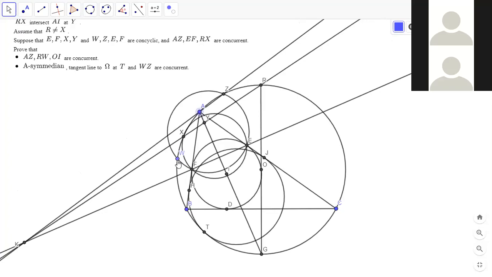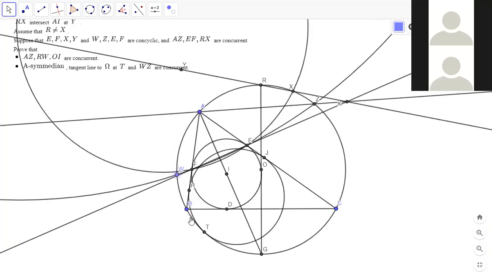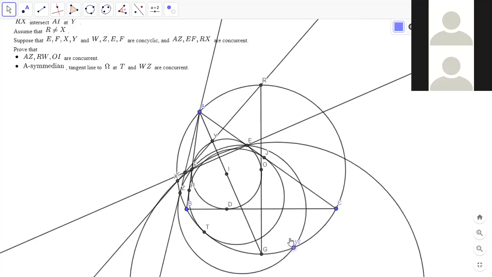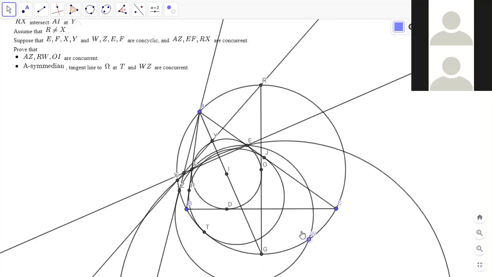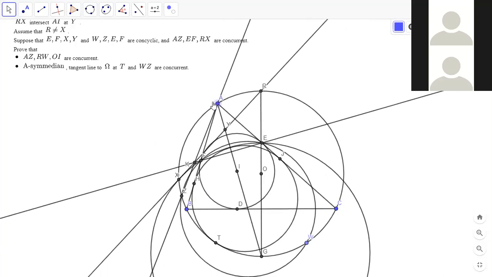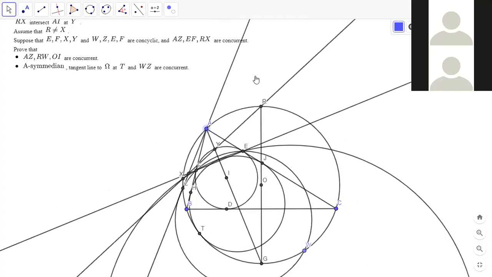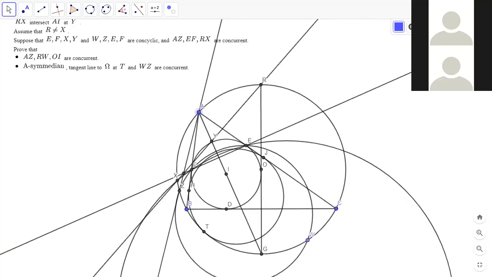Or also, what if I move W over to the bottom? But then EFXY isn't really cyclic. Yeah, I don't think I should move W to the bottom.